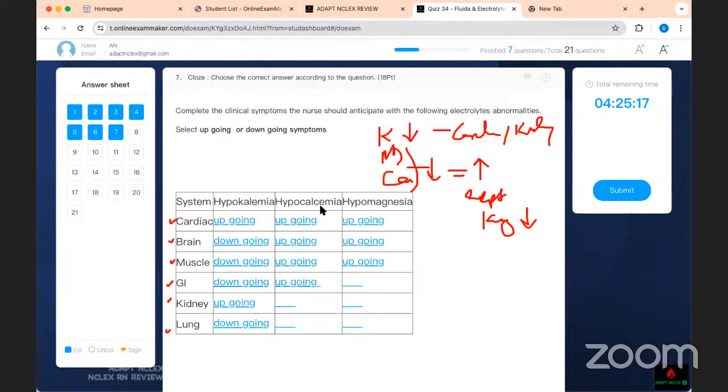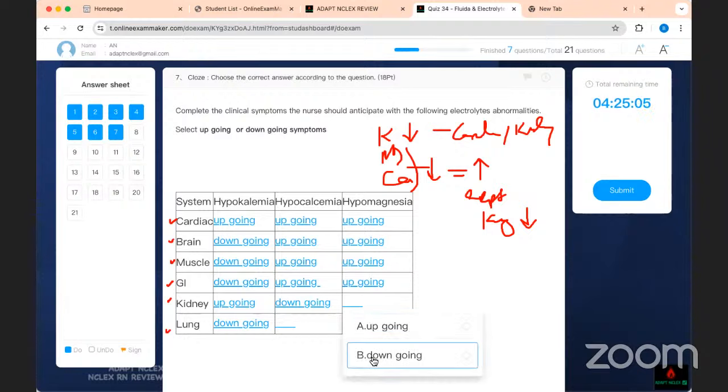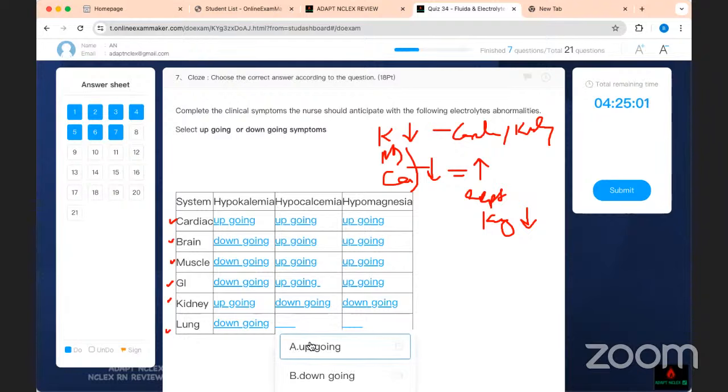Because your symptoms are opposite. Same thing, magnesium will speed up. But when it comes to your kidney, it's opposite. Kidney will go down, right? And then magnesium will go down. Your lung is going to go up and your magnesium will go up.